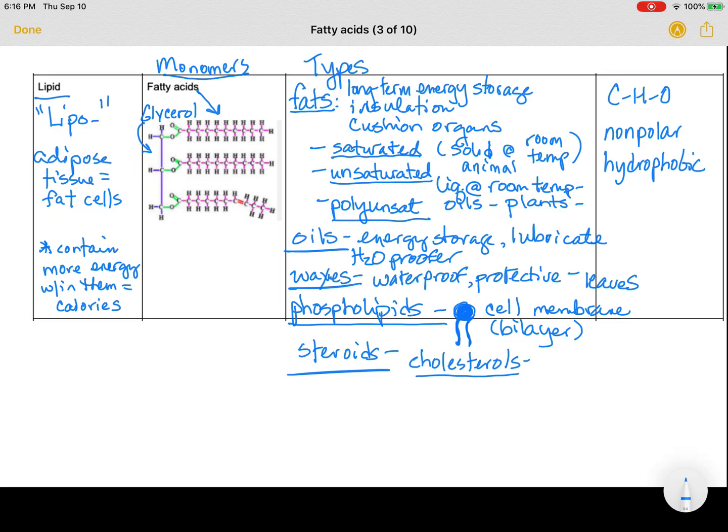Typically we have some good cholesterol, but we have bad cholesterol too. And cholesterols can be found in the cell membrane of animal cells. So that's why eating animal tissue might be a little worse for you. You might get more fat from them, more cholesterol.